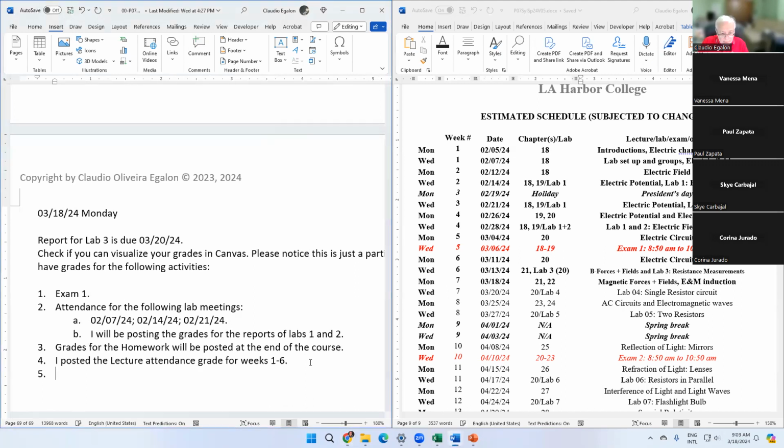Canvas automatically calculates your overall grade up to now. That would be the total. This total grade can either increase or decrease.